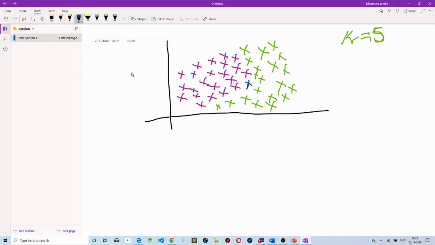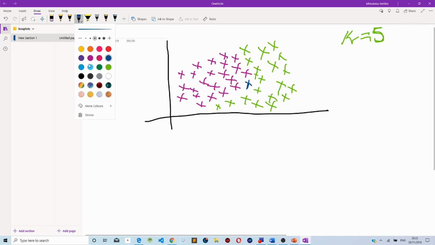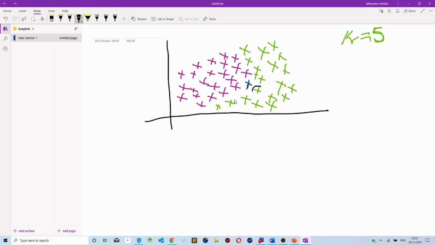Let me just use the blue card. So let's say we consider 5 nearest neighbors, and these are the 5 nearest neighbors.